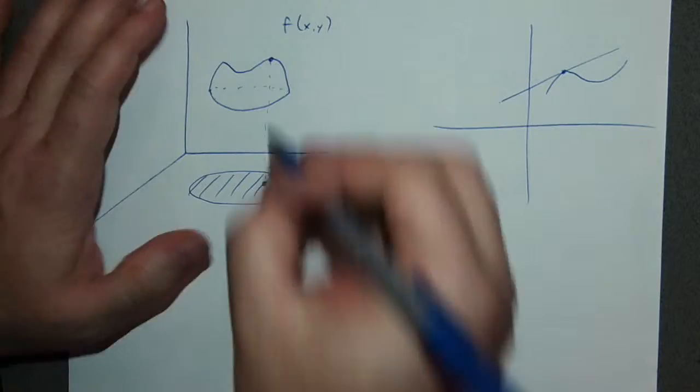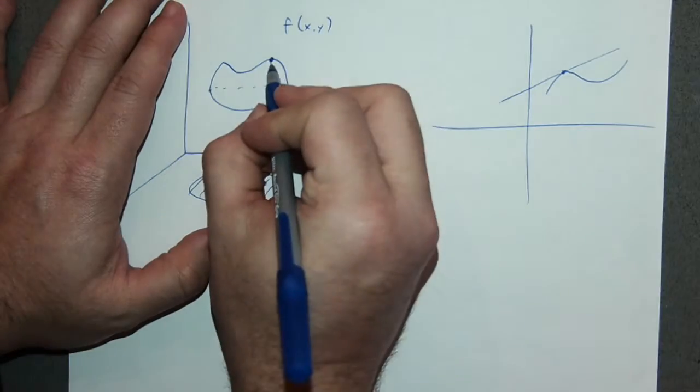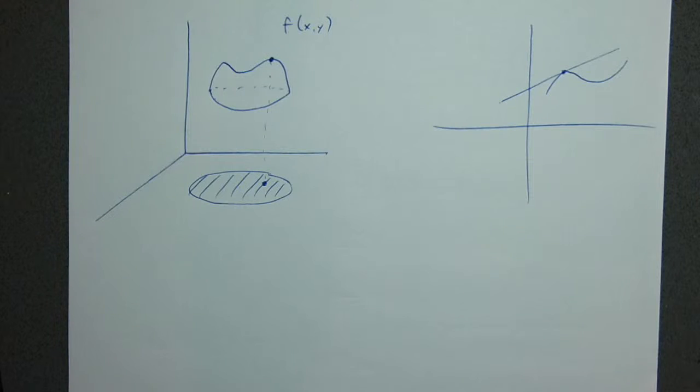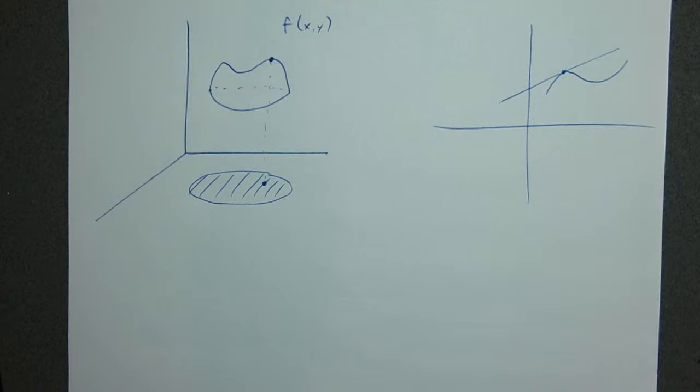At this point, however, there's no direction indicated. So if I wanted to talk about the rate of change of this function, you can imagine this thing being very bumpy, and maybe the rate of change is not equal in all directions.